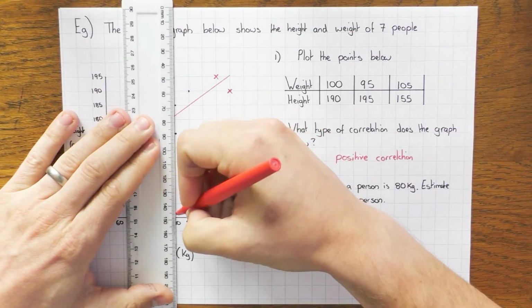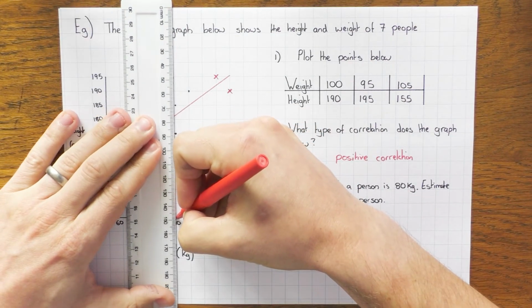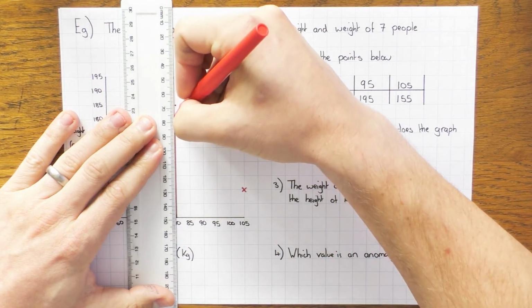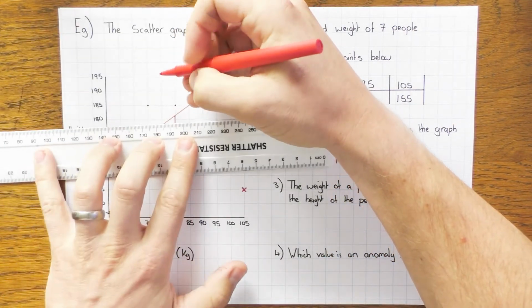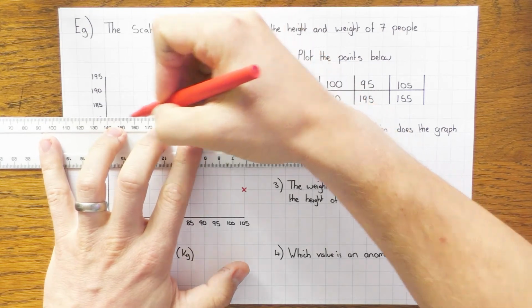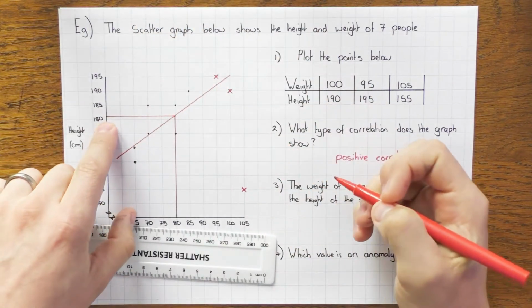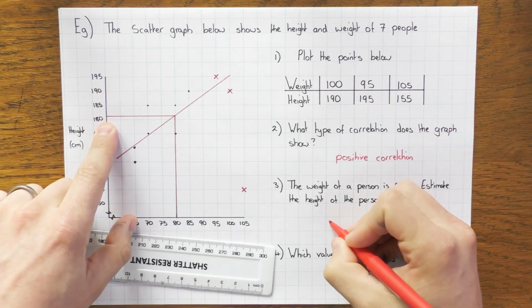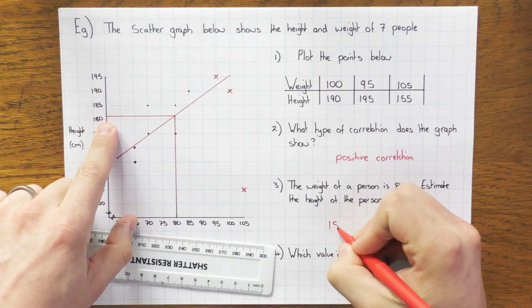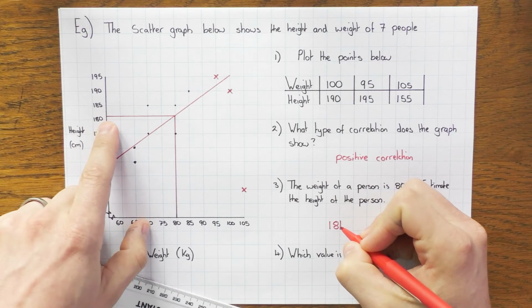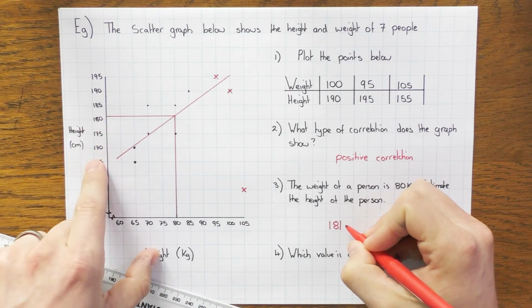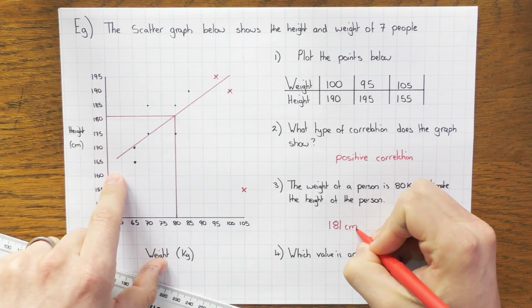And from 80, draw the line, don't just guess, draw the line from 80 up to your line of best fit, and then go horizontal across to the height. Okay, and I'm going to guess that is 181. Okay, it might be 182, but I'm going to go with 181 centimeters.